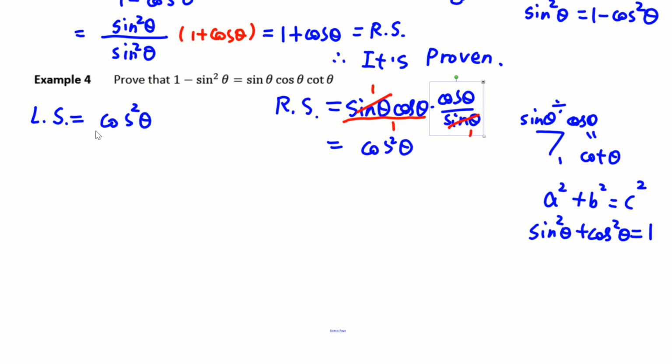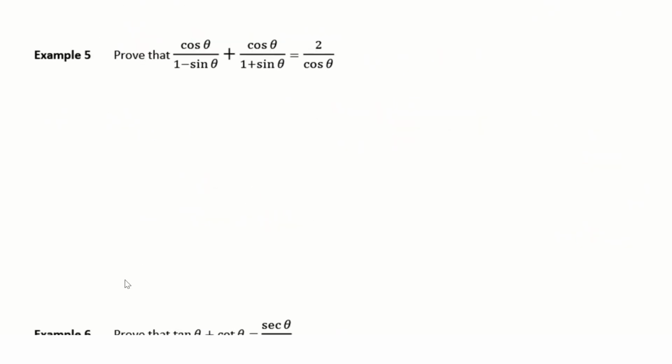Then you will see the left side and the right side, we changed them to something identical. Then we could write, okay, now left side equals right side. Therefore, it is proven, so it is done. So what we have done is we changed both sides to something identical.